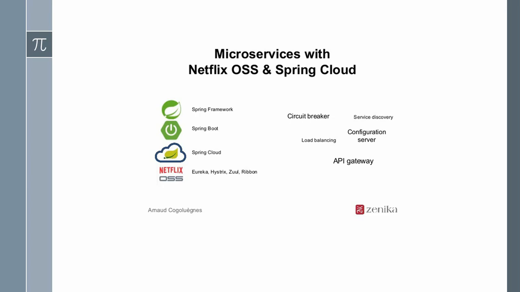For example, Netflix Zuul API gateway, or an API gateway developed by Pivotal. Or you can even implement your API gateway from scratch, but you should adhere to enterprise integration patterns whenever you want to implement your API gateway yourself.